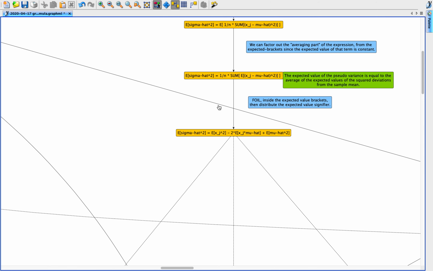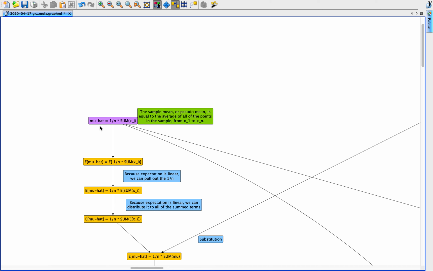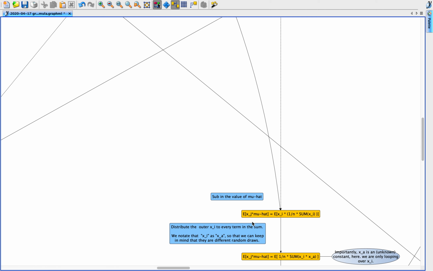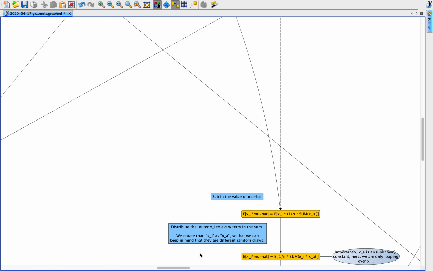If we follow this curved line up, we get the value of mu hat is equal to the average of all of the points in your sample. So great. Is that better? It's not obviously better.